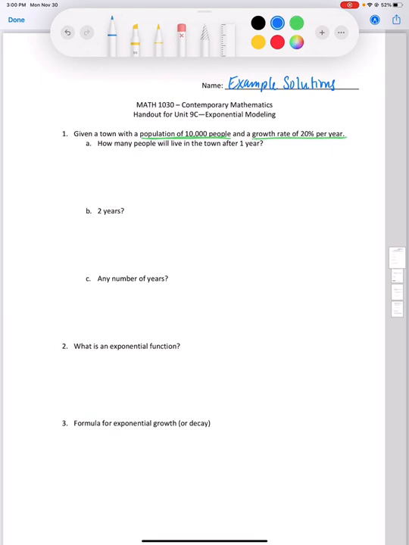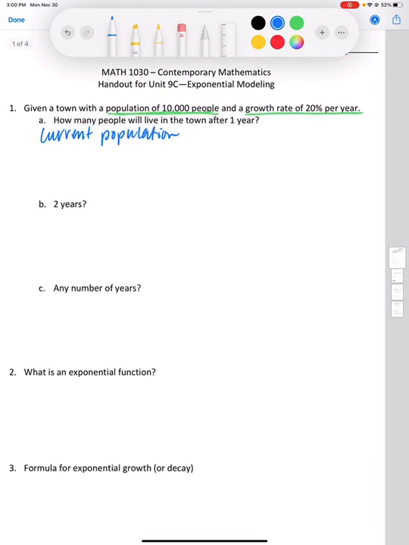So the current population is 10,000. The growth rate is 20%.